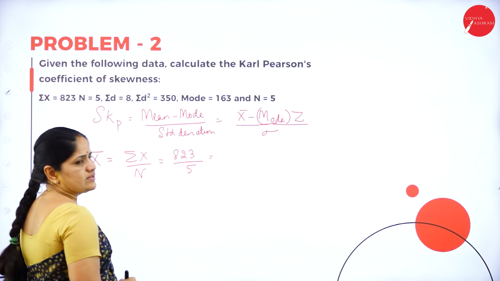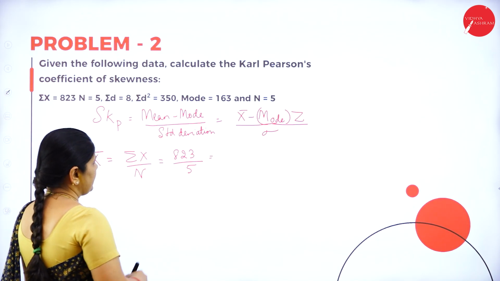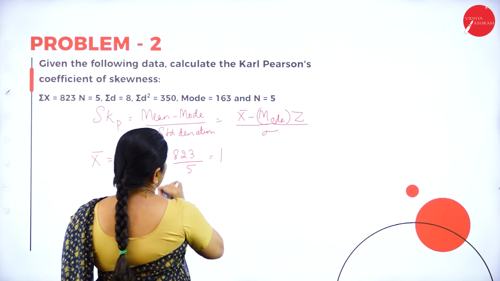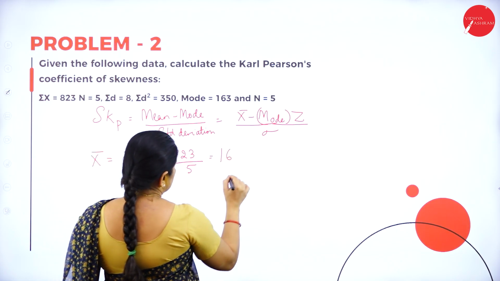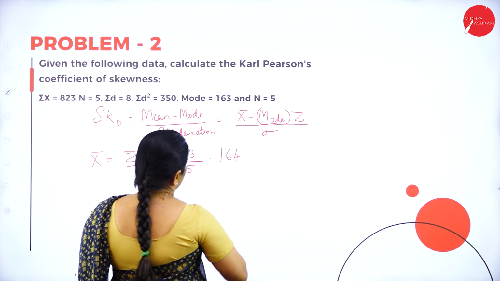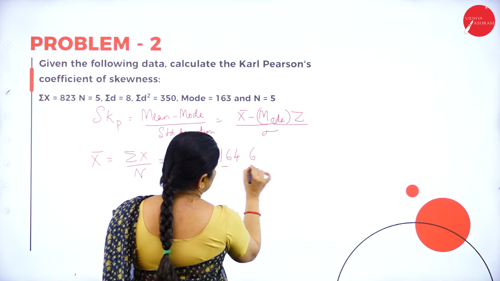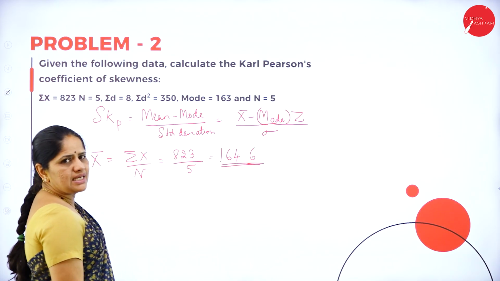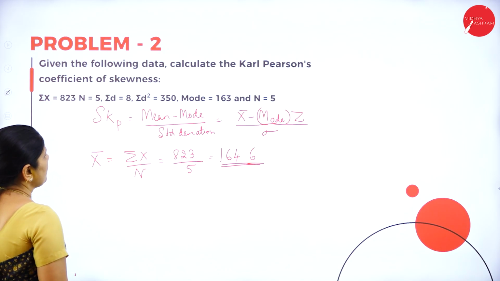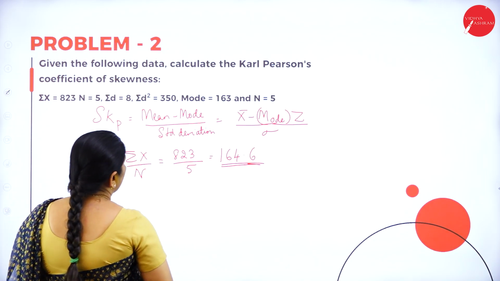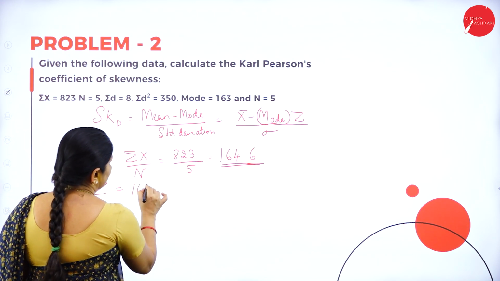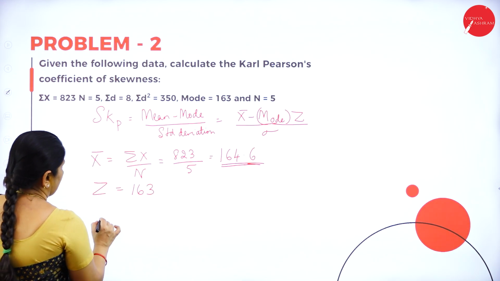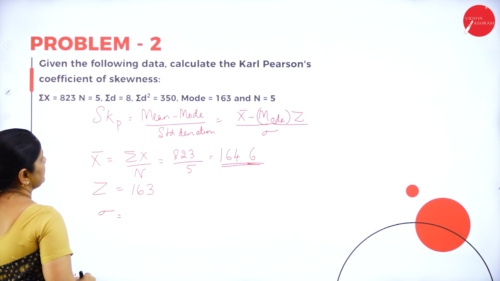So what will be the answer? 5 ones are 5, 5 sixes are 30, 5 fours are 20, 5 sixes are 30. 164.6. This becomes the mean value. Now they have already given me the mode value, which is 163.